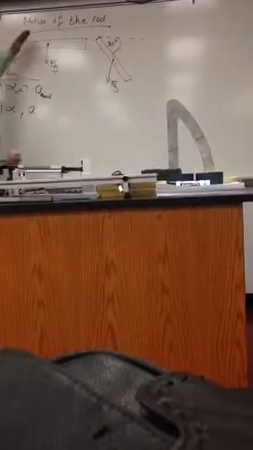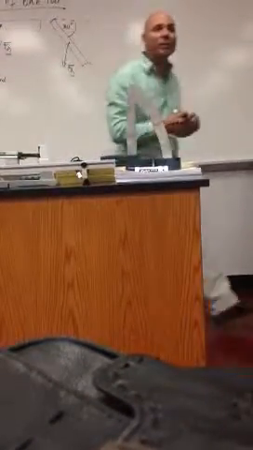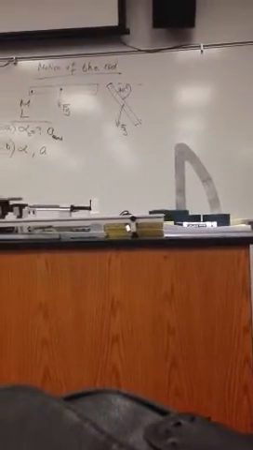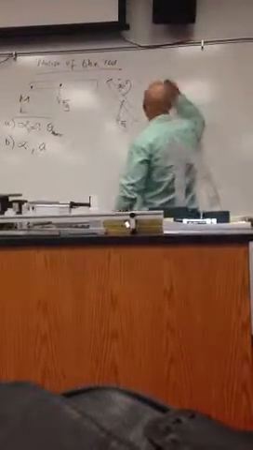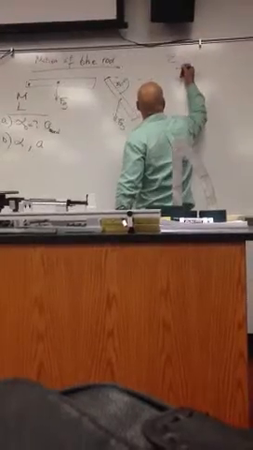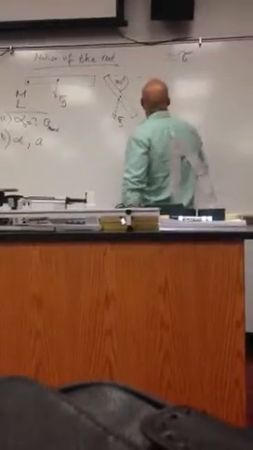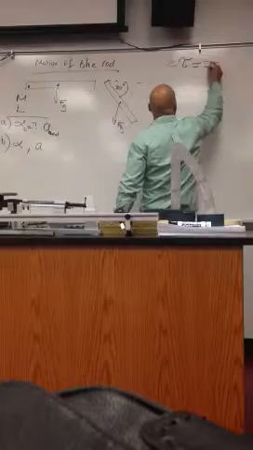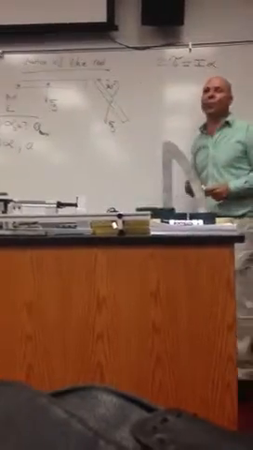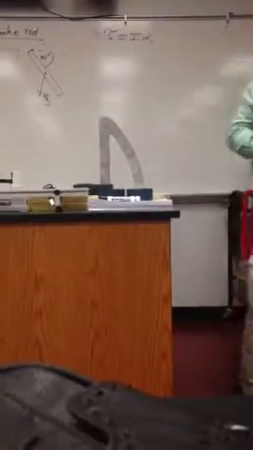Since the object is purely rotating, I have to go with the Newton law for rotational motion, which says what? Sigma tau equals I alpha, because the object is purely rotating.